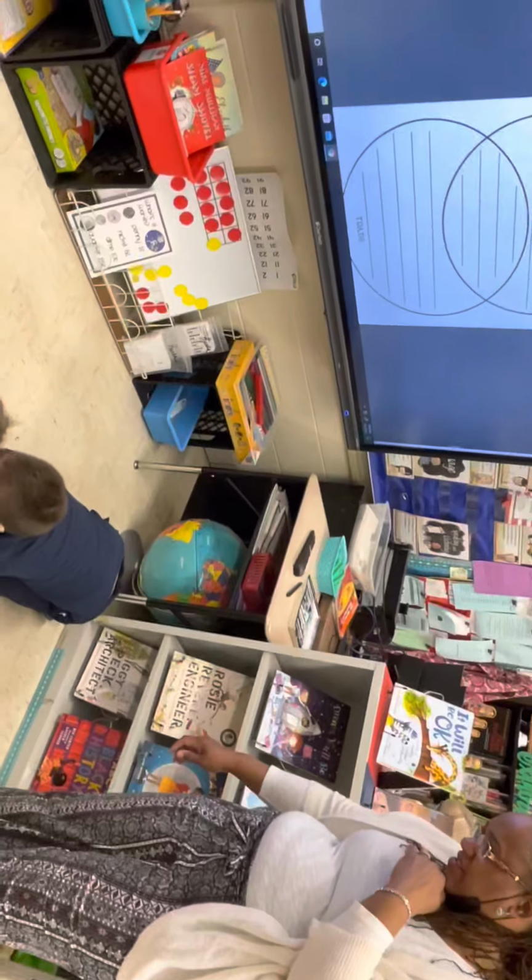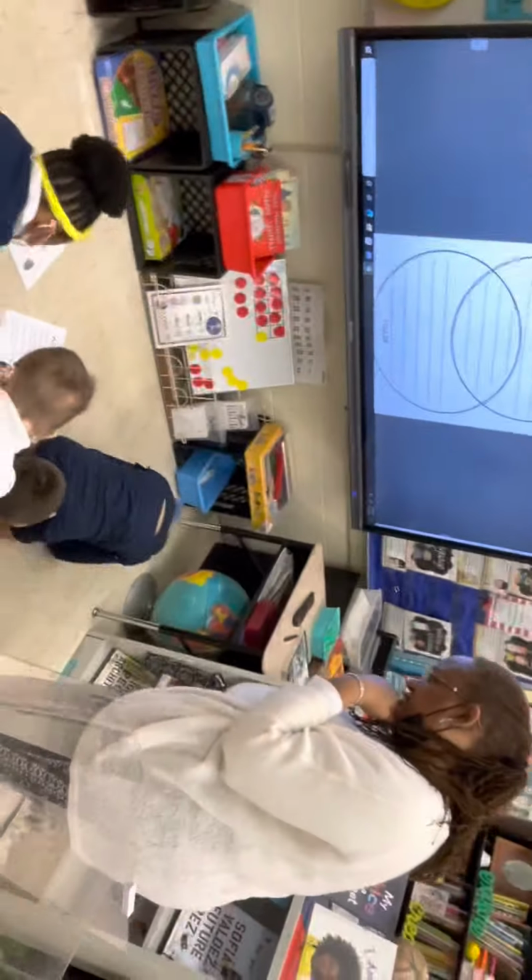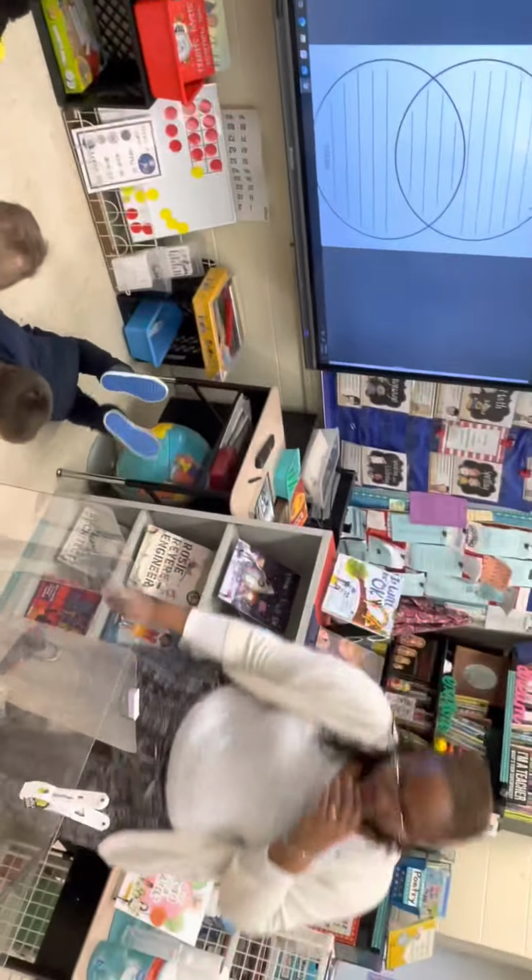Habitats and climates. So you're going to write frogs can lay hundreds of eggs here.